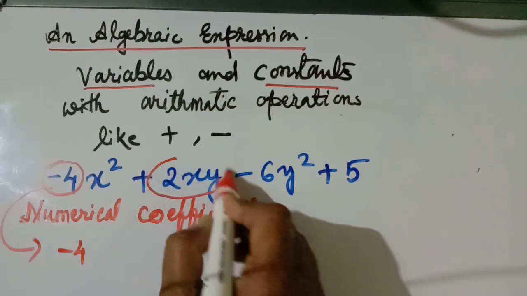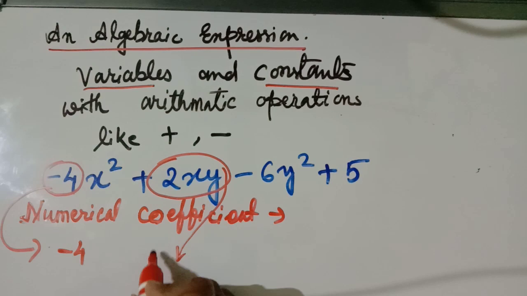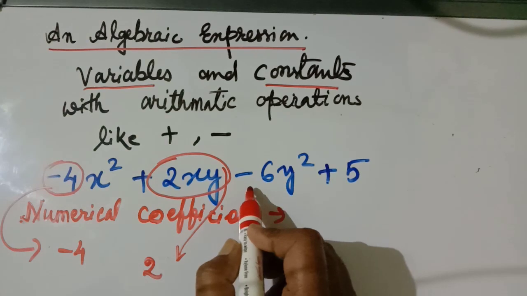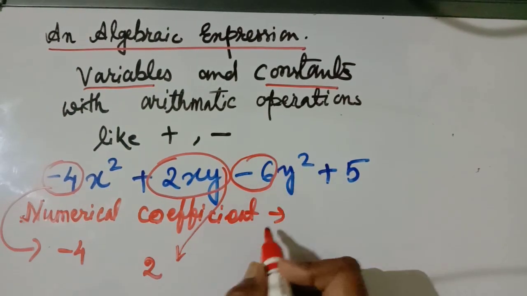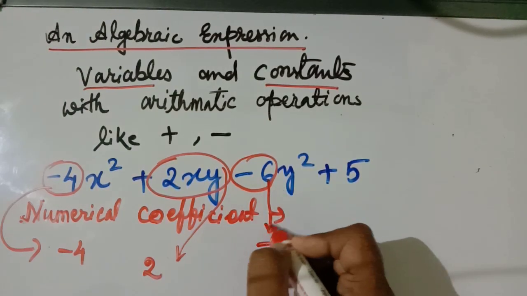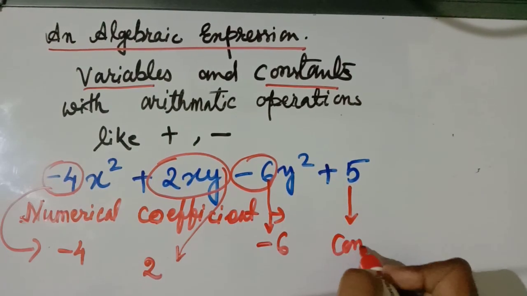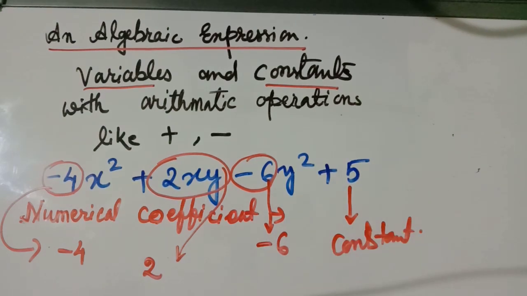In the second term, the numerical coefficient equals plus 2. Similarly, in the third term, it is minus 6. The numerical coefficient is minus 6, and this is the constant only. You can say this is also a constant.